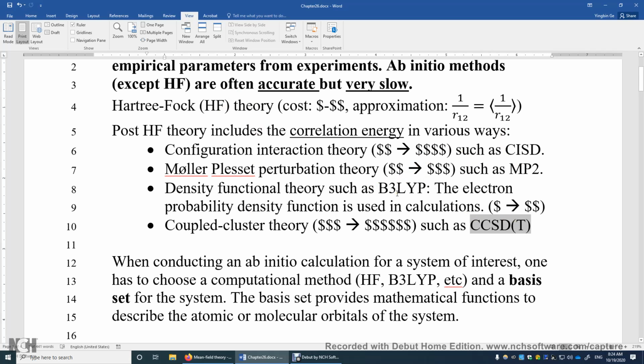And also, we need to choose a basis set for the system. The basis set provides pre-parameterized mathematical functions, usually Gaussian functions. But you can also use sine functions, cosine functions, exponential functions, whatever mathematical functions that are smooth and finite to describe the atomic or molecular orbitals of your system. All right? This is very important.